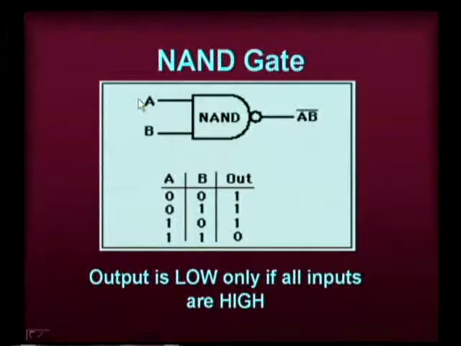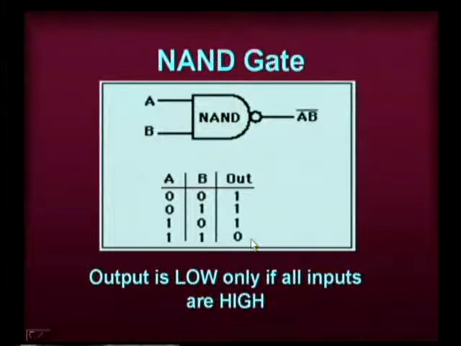For this two input NAND gate, you can see the output (A and B) complement will be low if all inputs are high. So, for the two input NAND gate, if the inputs A and B are 1, the output is 0. In all the remaining circumstances, when both are zeros or one of the inputs is 0, the output will be high.